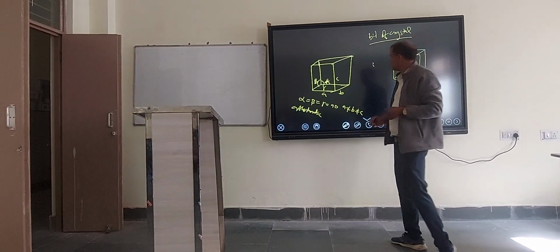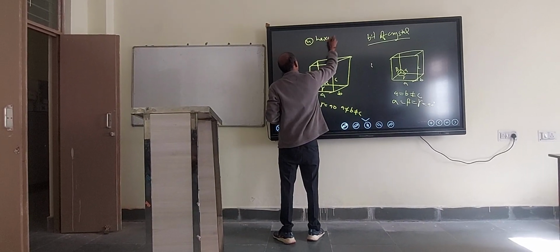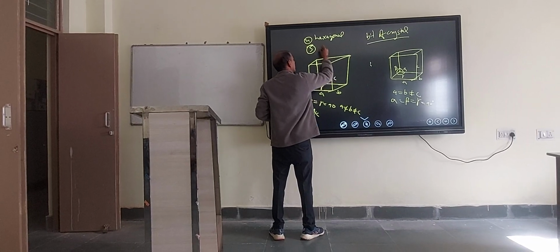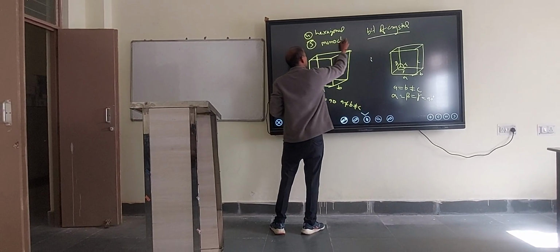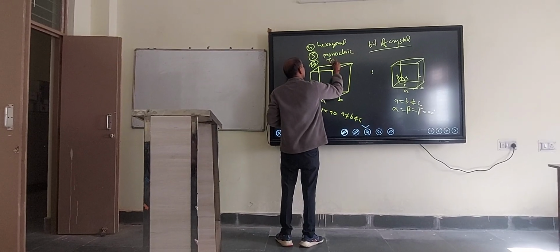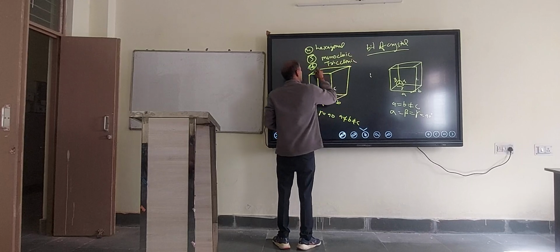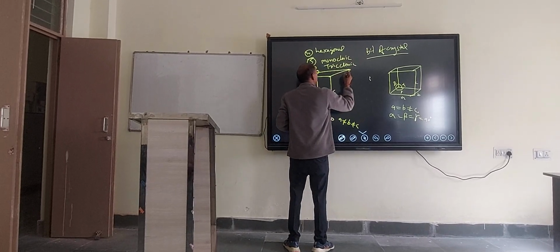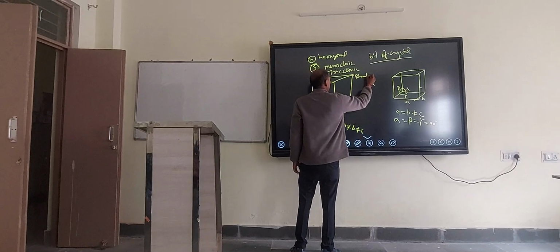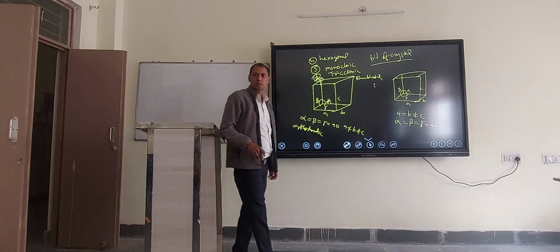And the fourth one is hexagonal. Fifth, monoclinic. Sixth, triclinic. And seventh, rhombohedral. In this way, we have seven types of crystal system possible.